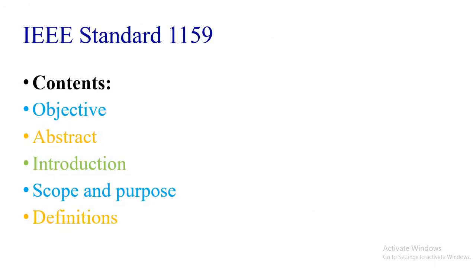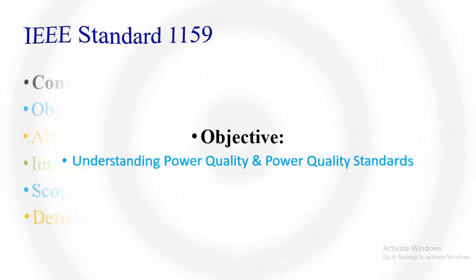So in this presentation, we will see about the objective of the standard, then what the standard is about, then the introduction about the standard, then what is the scope and what is the purpose of the standard, and the various definitions which are used when we talk about the power quality.